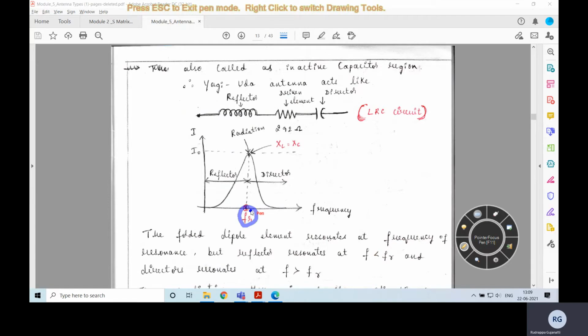At resonant frequency, we have very high output from the antenna. If the frequency goes below resonant frequency, the reflector part resonates, and if the frequency goes above resonant frequency, the director part resonates. This is what we can observe in a Yagi-Uda antenna.